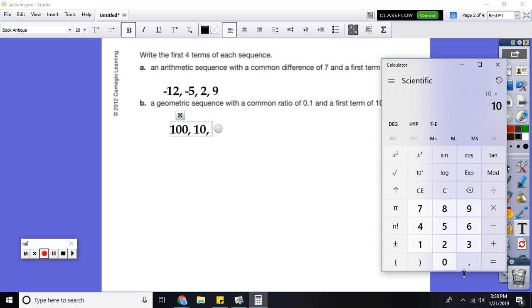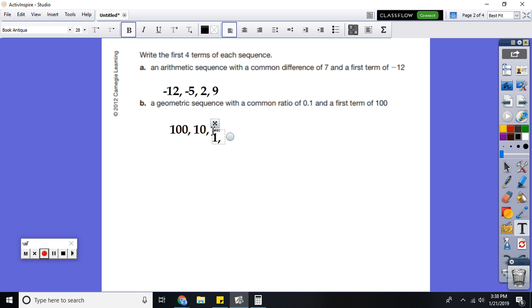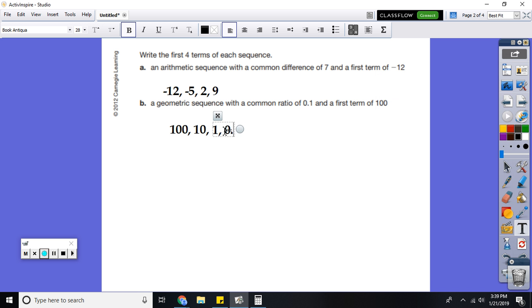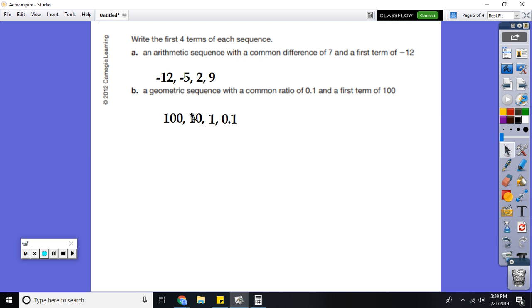We know the decimal is just moving along to the left 1 unit each time. So the next one would be 1. And then multiply that times 0.1, and I get 0.1. So those are the first 4 terms of that sequence. It's a geometric sequence with a common ratio of 0.1 and a first term of 100.